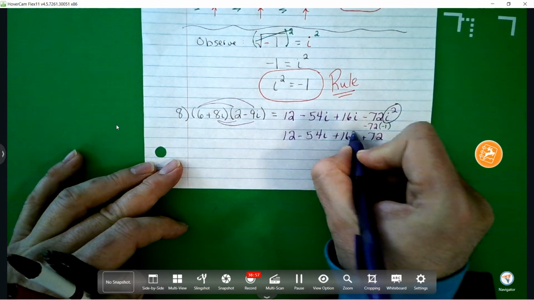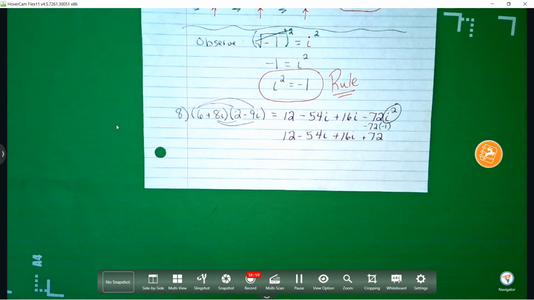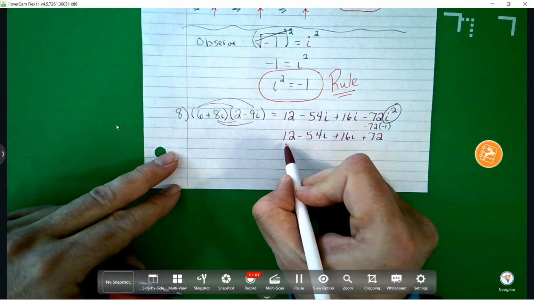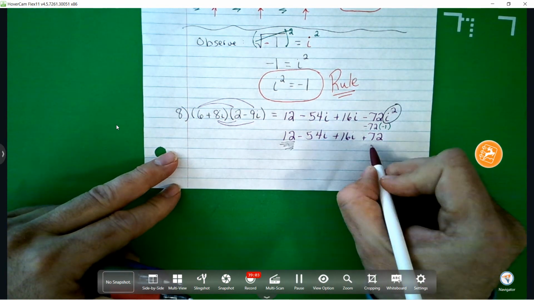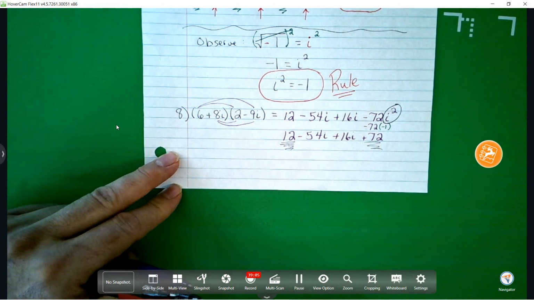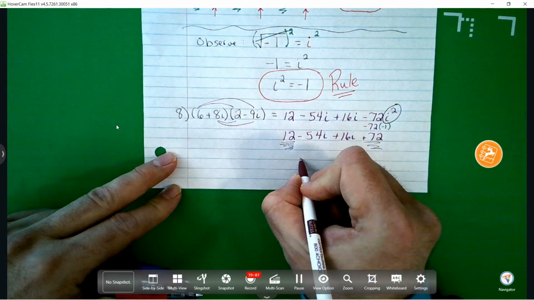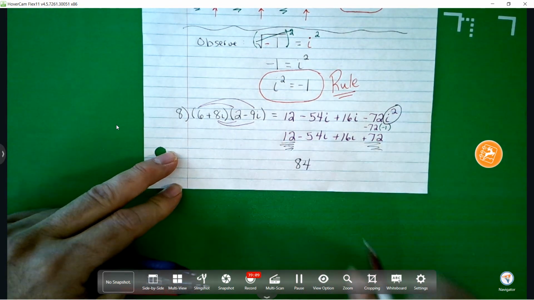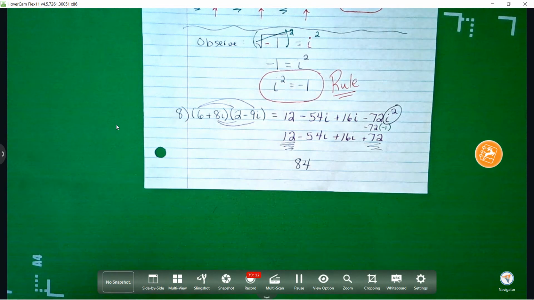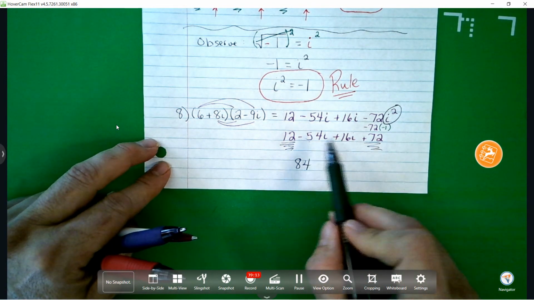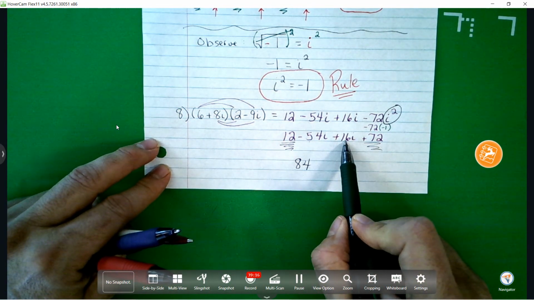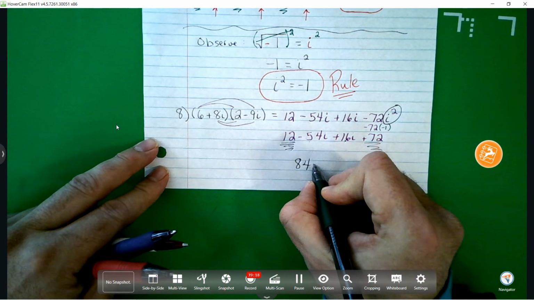And now I'm ready to combine the like terms. What can I combine with the 12? Well, 12 plus 72, is that an 84? And negative 54 plus 16, that's going to be a negative what?